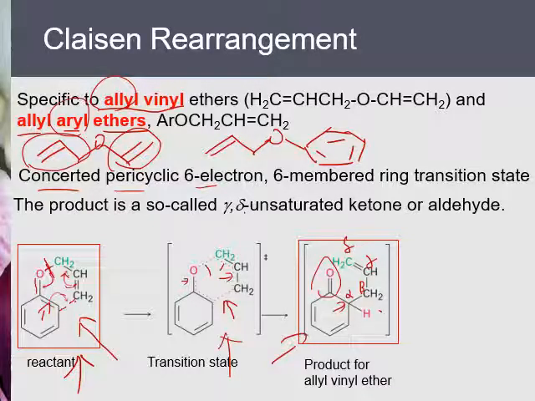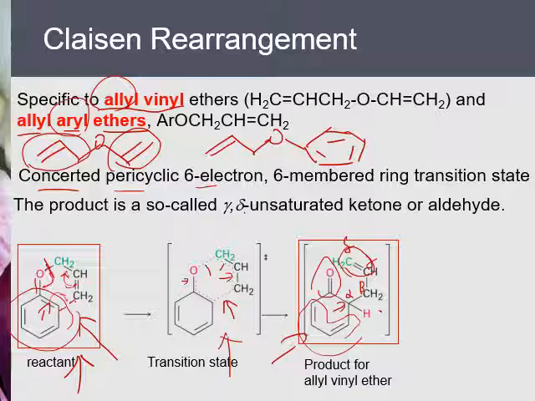The double bond is on the gamma delta, so that's called a gamma delta unsaturated ketone, and that's the product from Claisen rearrangement. Now in this particular case, we can see the reactant has a benzene ring, but the product has only 2 double bonds. So in other words, the product loses aromaticity.